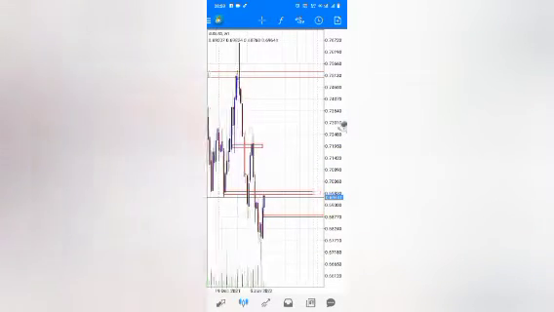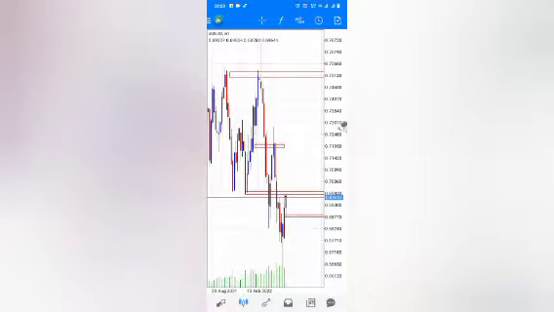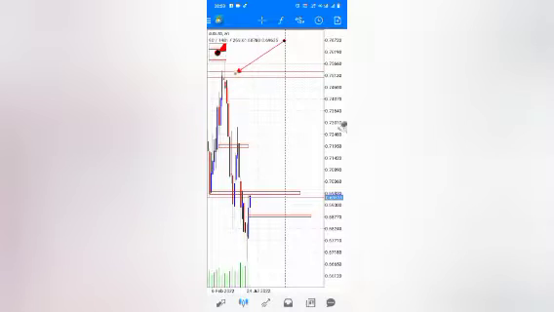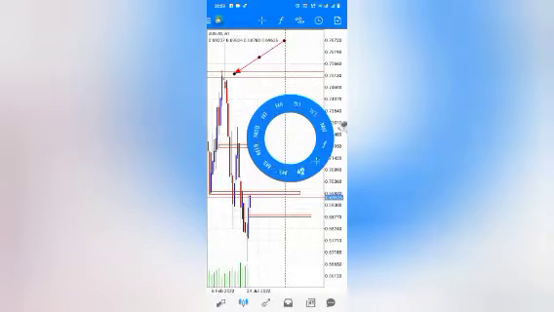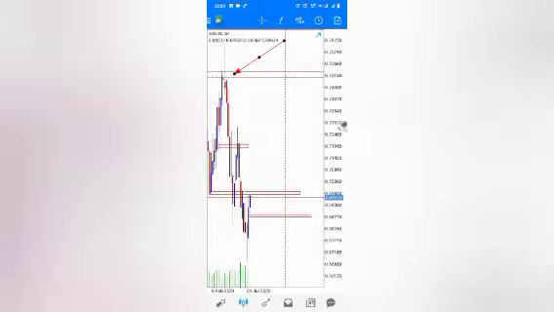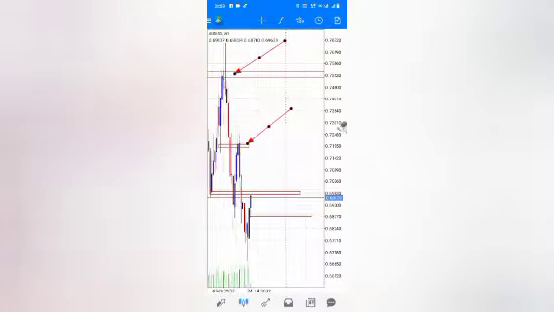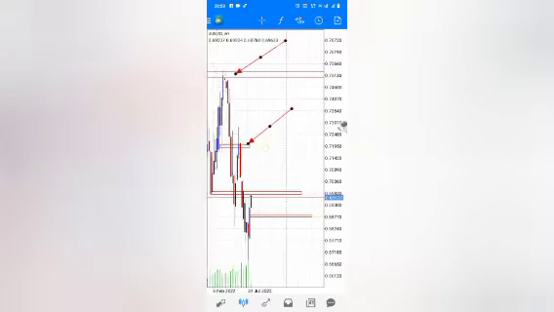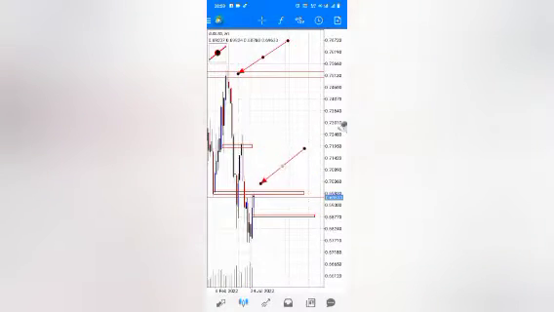On the weekly time frame, the trend has been down, and you can see we have a lower high followed by another lower high here, and a potential lower high is forming here too. So here is a good sell entry.